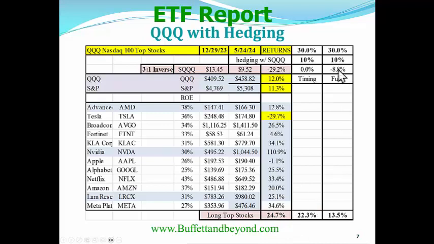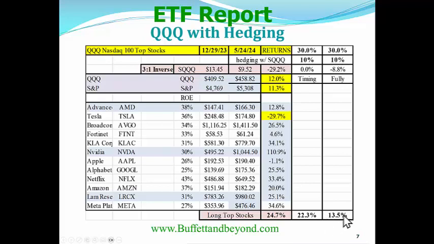What if we were fully hedged all the time at 30%? In other words, rather than trying to time it and buying and selling, because it's always nice to have a money manager do that for you so you don't have to worry about it, we would have lost 8.8% on the hedge. So if we only put 90% into this portfolio and we lost 8.8%, we would have about 13.5%.